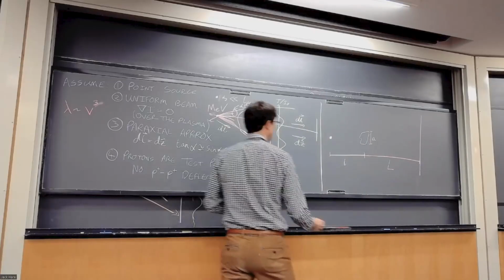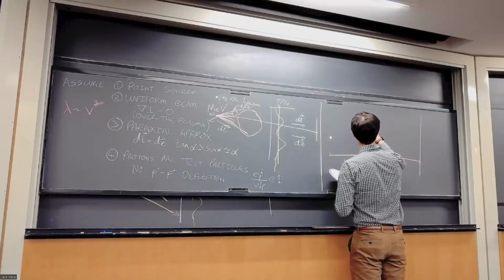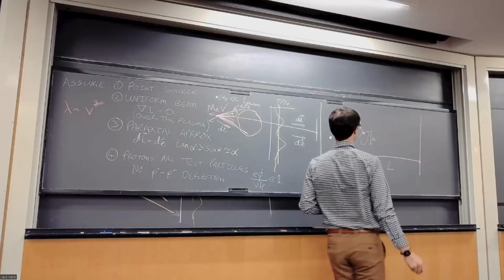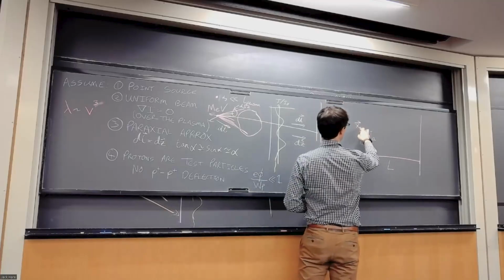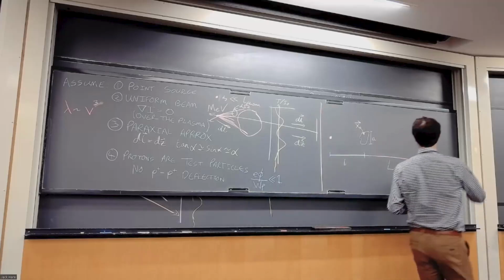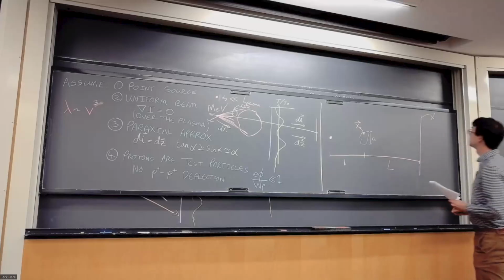Within the plasma, we have a coordinate system, and we label points within the plasma using the position vector x0 here. So if I have a position with a 0 subscript, that's somewhere within the plasma. And then on the detector, I have a position vector x.